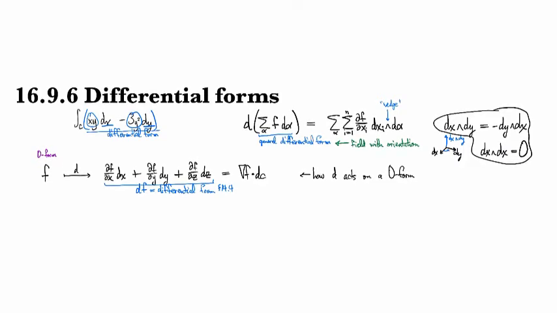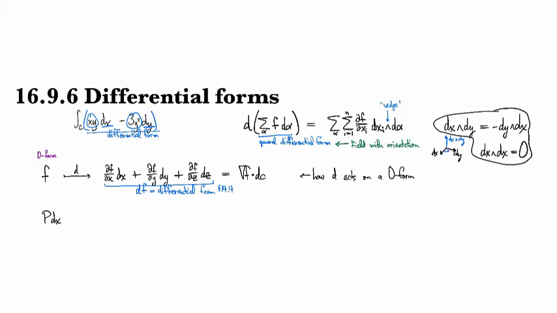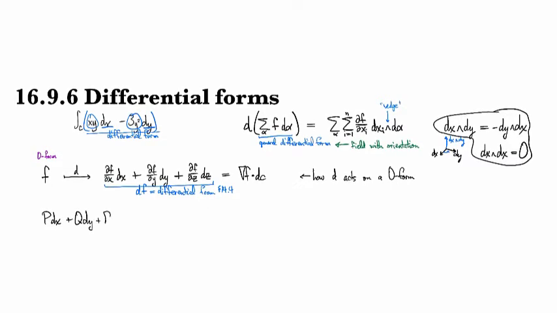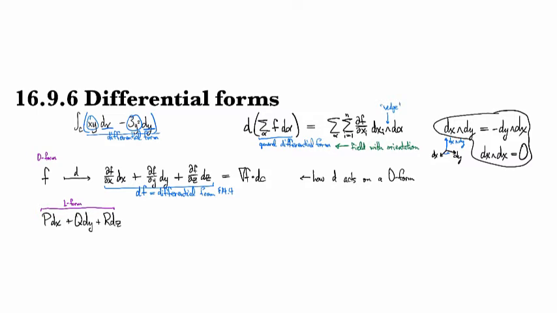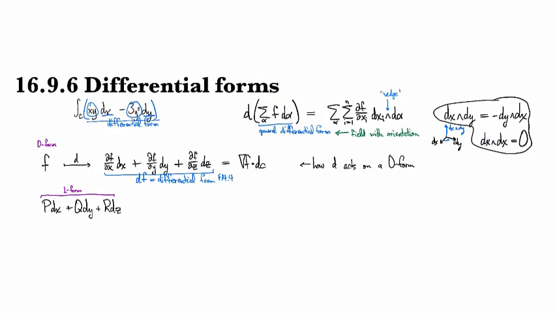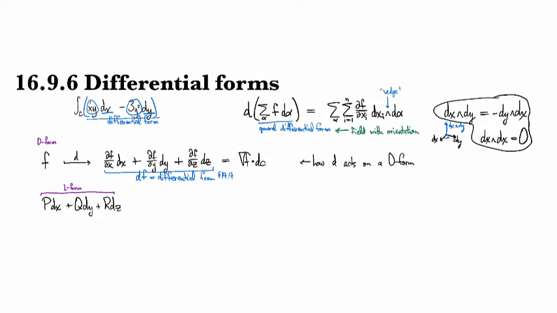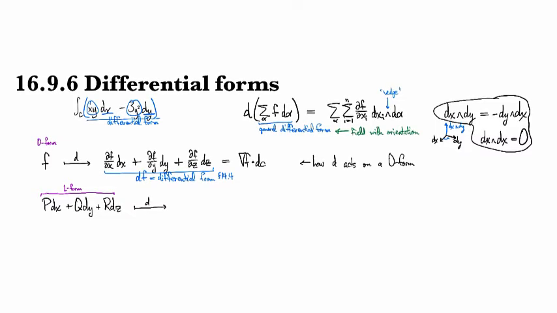A general one form is going to have some dx term and some dy term and some dz term. So this here is what a one form looks like in R3. And again, we're going to say, what happens when we apply d to this one form?